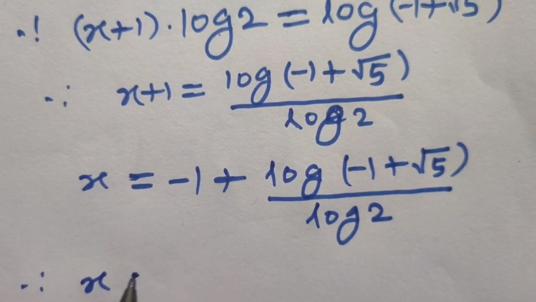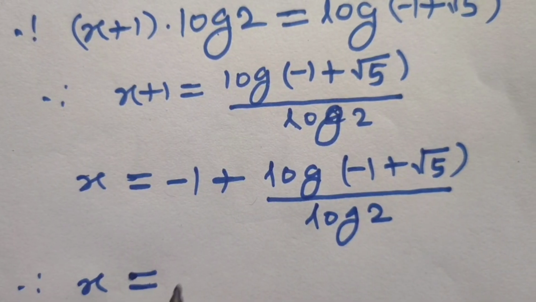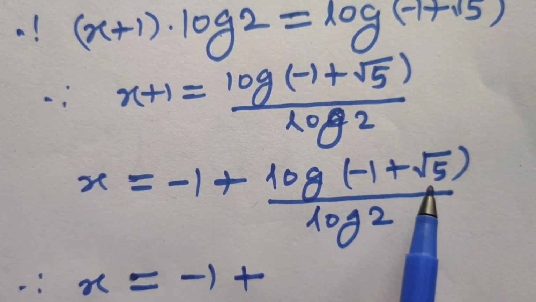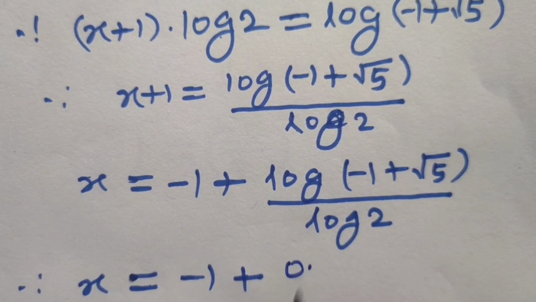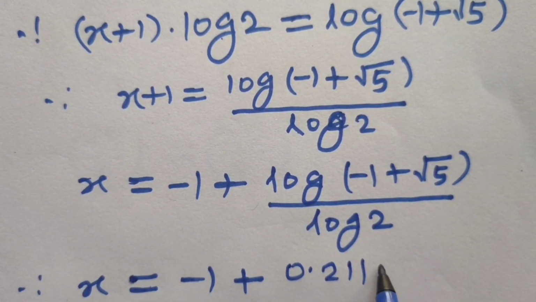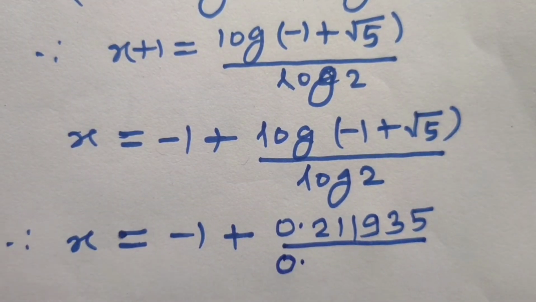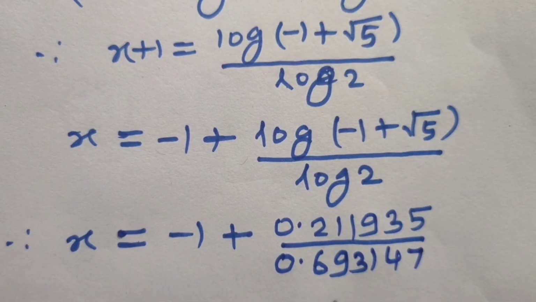Hence x is equal to, use calculator to get this value, minus 1 plus logarithm of minus 1 plus root 5, which is equal to 0.211935 divided by 0.693147. We are taking 6 digits after the decimal point.